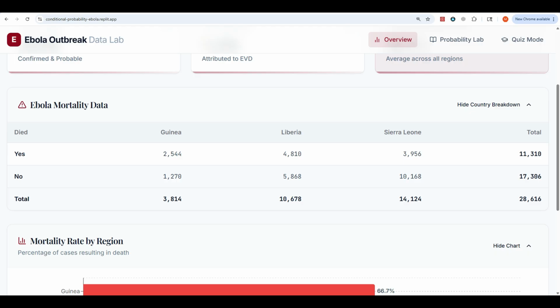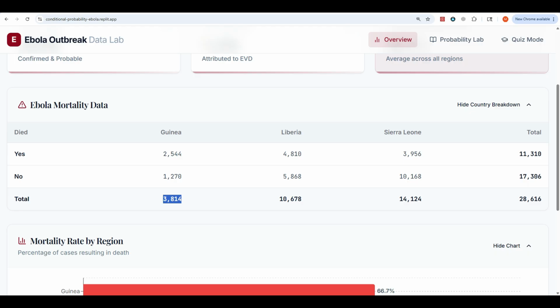They will say, well, that should be 2,544 divided by 3,814, the total number of cases in Guinea. So they correctly, intuitively say the total number of fatalities in Guinea divided by the total number of cases in Guinea. And I say, that's great, that's perfect.